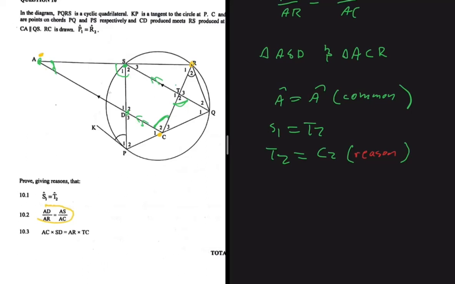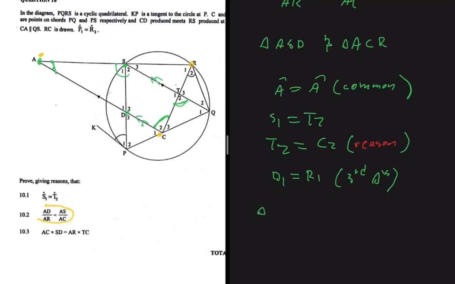So now, since we've proved that T2 is equal to C2, we can conclude that D1 should be equal to R1. Why is D1 equal to R1? Because of the third angle of triangles, right? If the other two angles are equal to each other, then consequently the third angle should be equal too.